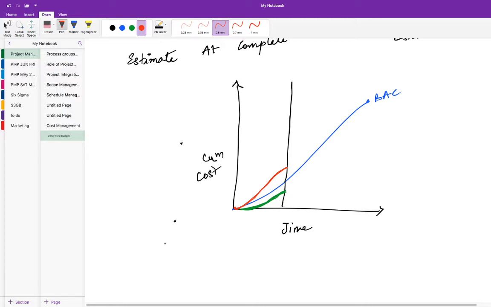That amount is called ETC. What is ETC? Let's say I'm extrapolating this curve. The curve can be this, or this, or this. The curve can be anywhere, so I'm just using it as an example.